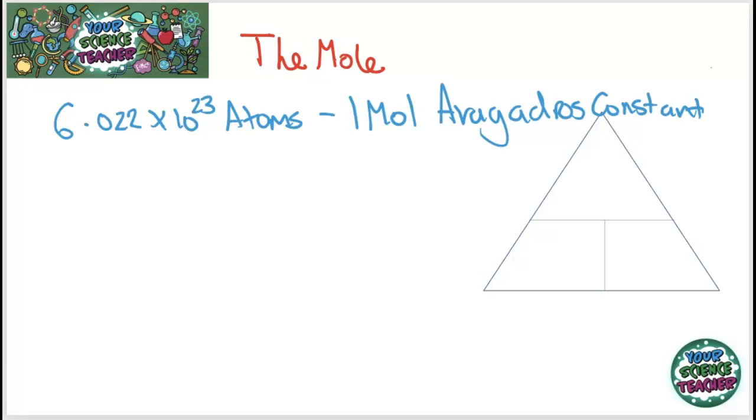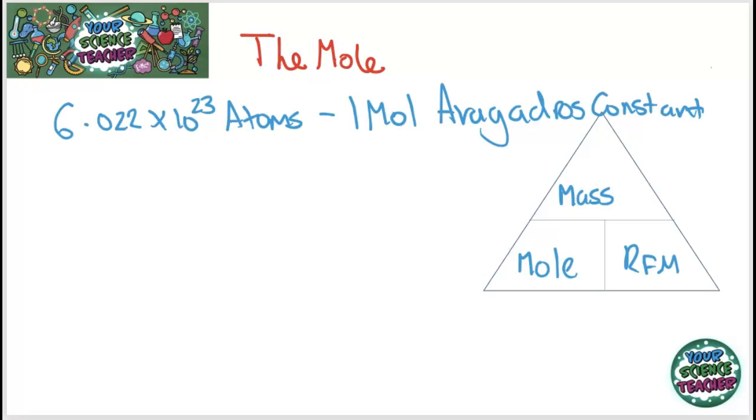So how do you work out how many moles of a substance you have? Well, what you need to do to work out the number of moles is moles equals the mass divided by the relative formula mass. And I've put it into a calculation triangle here because sometimes you need to rearrange it.